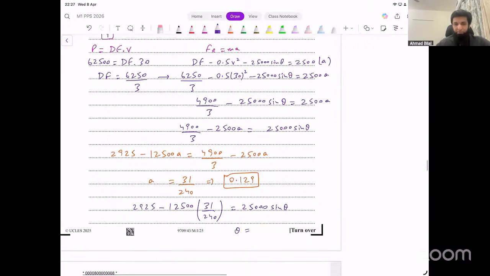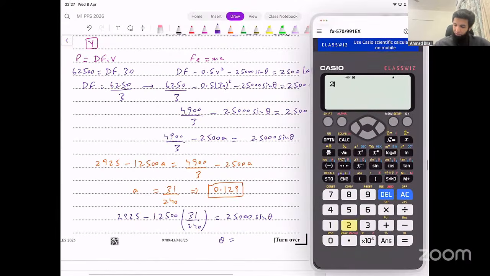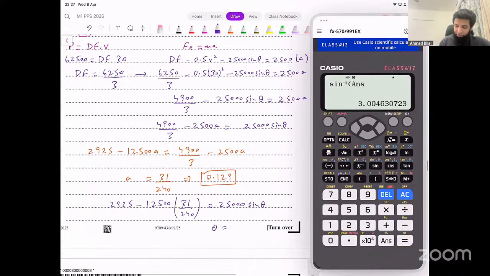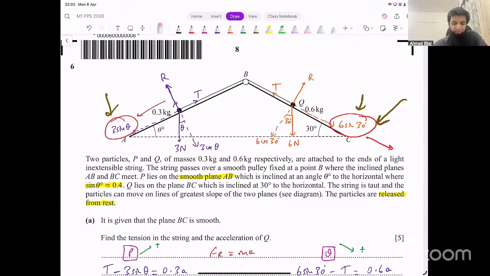That will be your final answer. 2925 minus 12,500 multiplied by 31 divided by 240, divided by 25,000, and then sin inverse of that. That's 3.0 degrees. That's our final answer for the angle.